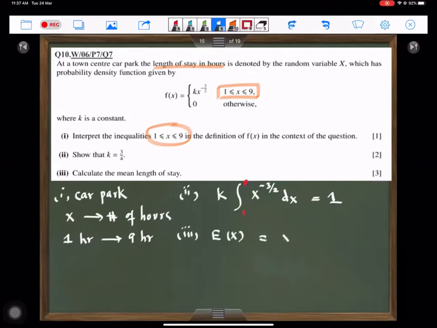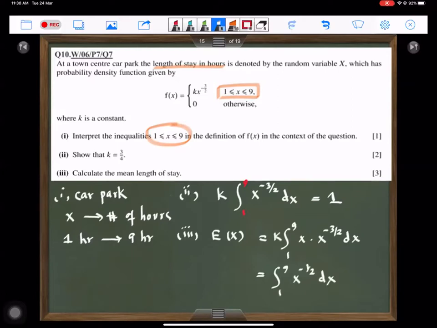So put the integral sign on the outside. This is 1 to 9 of x times x^(-1/2) dx. What is the power of x? 1 minus a half, so this becomes x^(1/2) dx. Now integrate it. Don't forget the k, I forgot it.